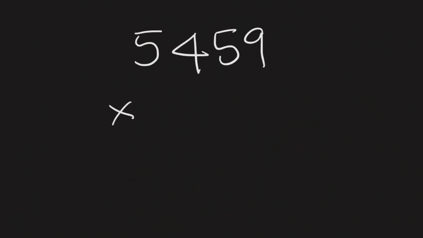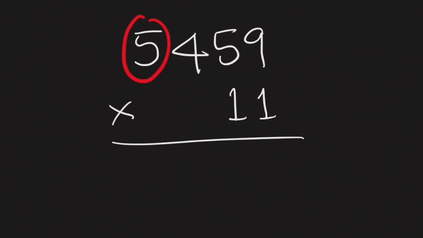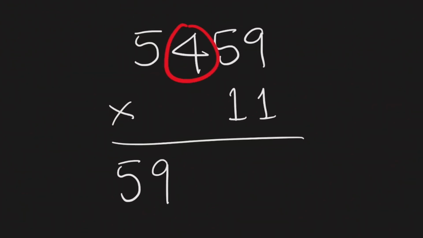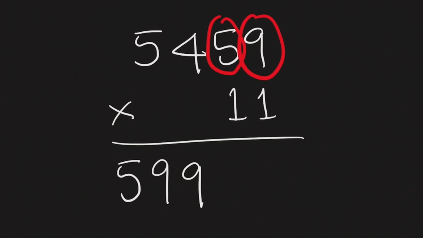How about 5,459 times 11? Try to solve it and come back to this video. Same steps. 5 will come down here. 5 plus 4 equals 9. 4 plus 5 gives us 9 as well. 5 plus 9 gives us 14. And 1 will be carried over to 9, which becomes 10.